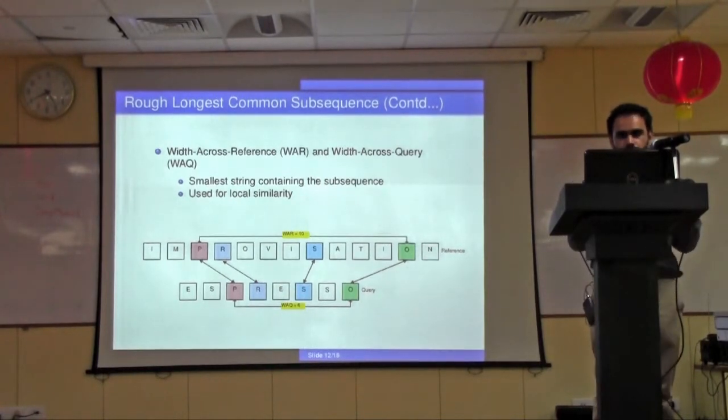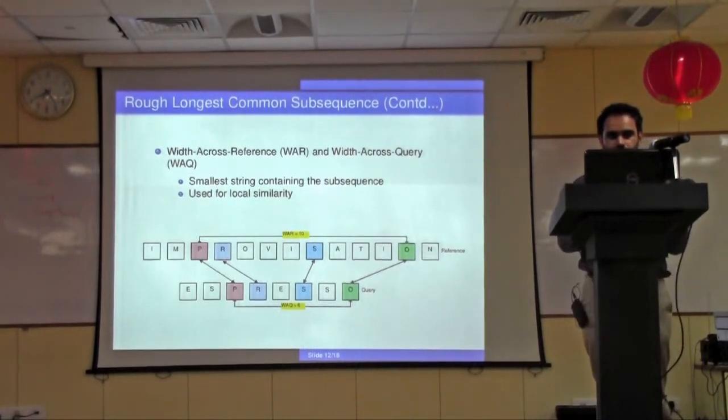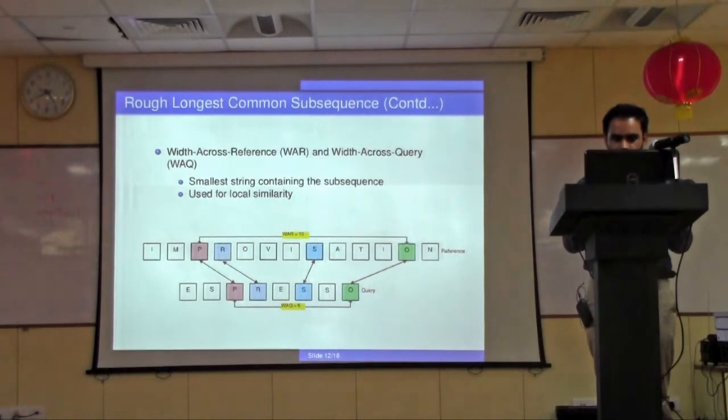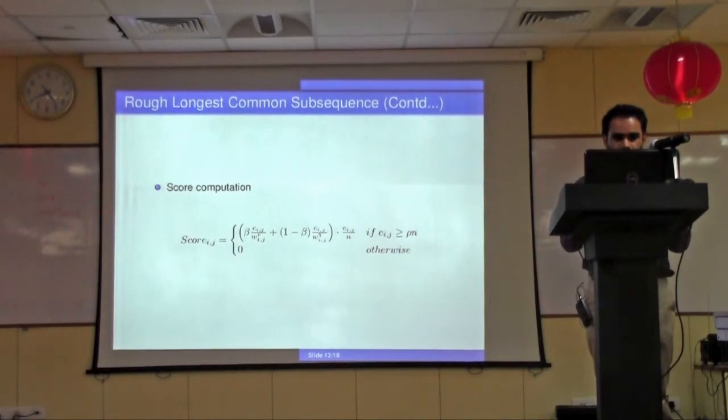We use this width as a constraint and find a subsequence which is denser both in query and in reference. So this takes local similarity into account, and as it is LCS, we end up matching partial query with partial reference. So here is the score computation.